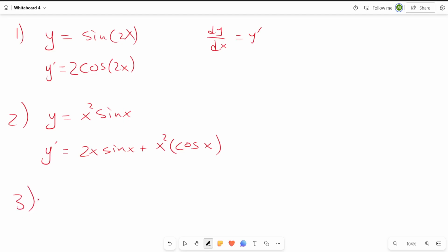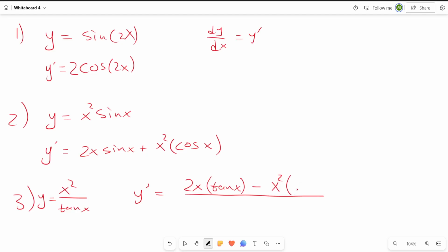Let's take another example. Let's say we have an example of y equals x squared over tan of x. So this is basically the quotient rule. So y dash, or dy by dx, is going to equal, we know that the quotient rule says it's the differentiation of the numerator function, so it's 2x, multiplying the denominator function, and then subtracting the numerator function multiplying the differentiation of the denominator function.